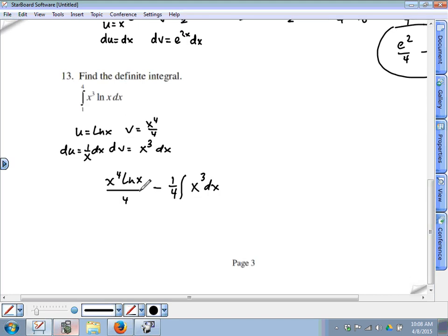Okay, so x to the fourth times the natural log of x over 4 minus x to the fourth over 16, and that needs to be evaluated from 1 to 4.